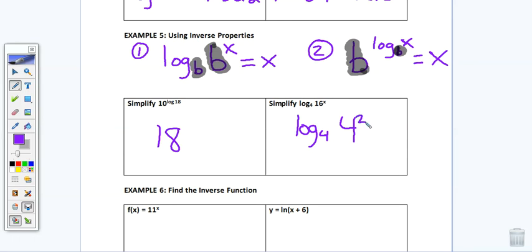Because 4 squared is what value, kids? And what other exponent is still out there? What do you notice about the base here and here now, kids? So what is this simply going to equal? By logarithm rules, this is going to equal 2.